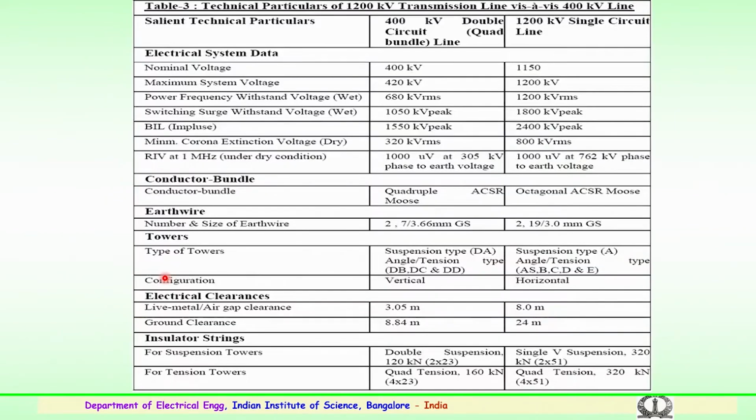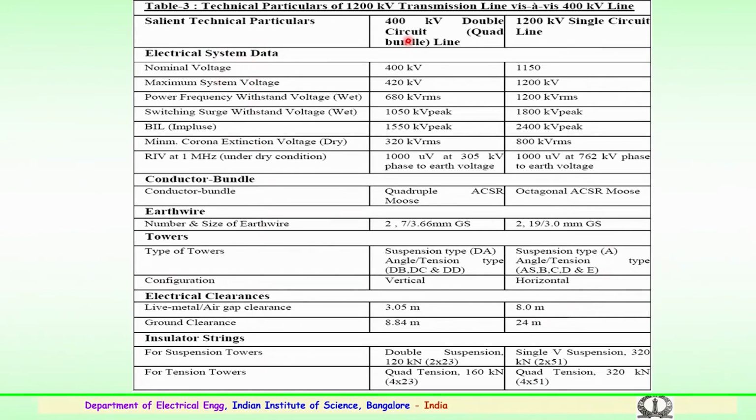This gives some technical particulars of the 1200 kV transmission line in comparison to the 400 kV transmission system. You can see the electrical system data here, various technical parameters being given.